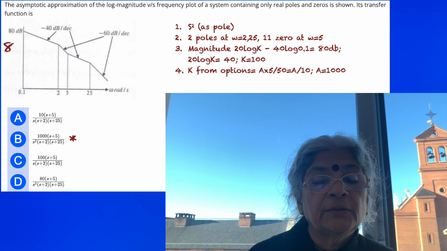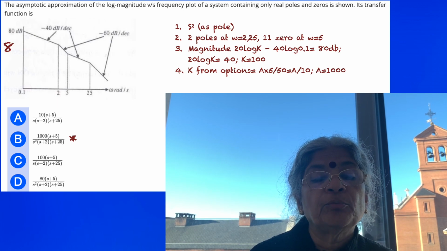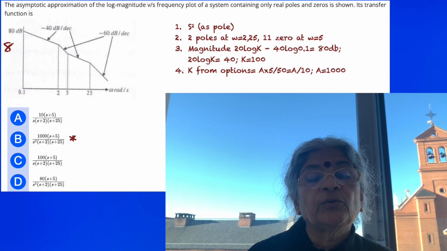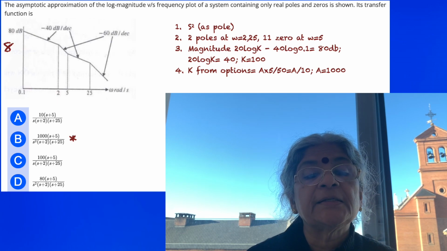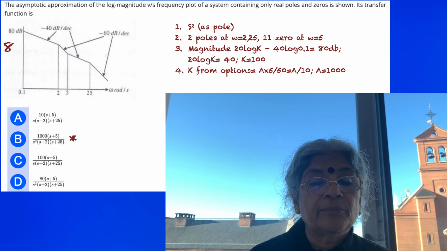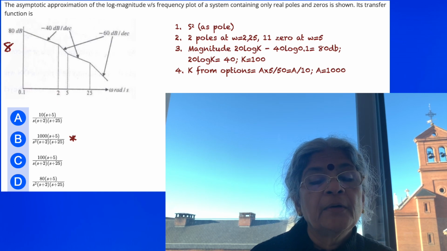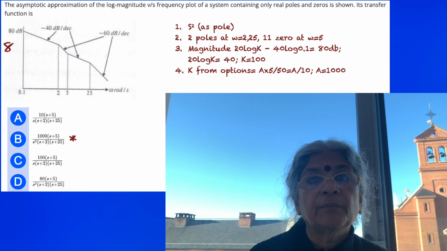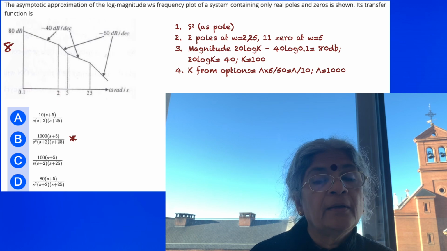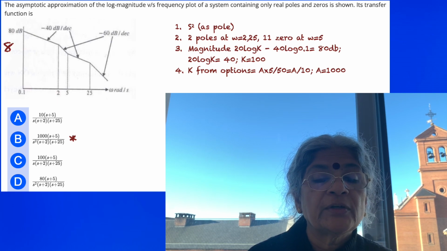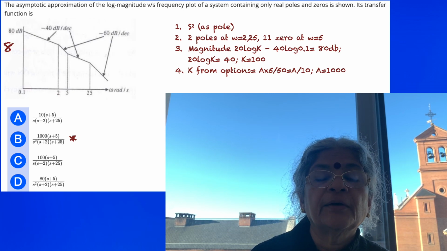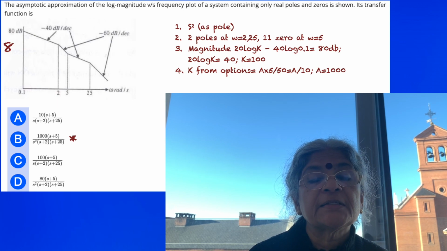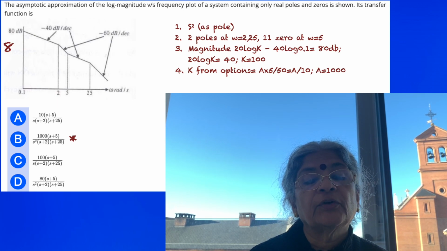Then we move on to the next portion, wherein at omega equal to 25, there's again a deeper descent to minus 60 dB per decade, so a pole comes into the picture. So how many poles? We have a multiplicity of poles at s equal to 0, so s square should be there, and then two more poles, because there is a change from minus 40 to minus 60, and then again from minus 40 to minus 60.